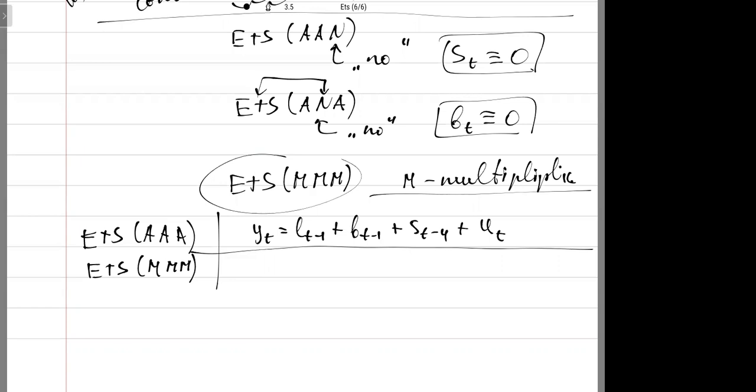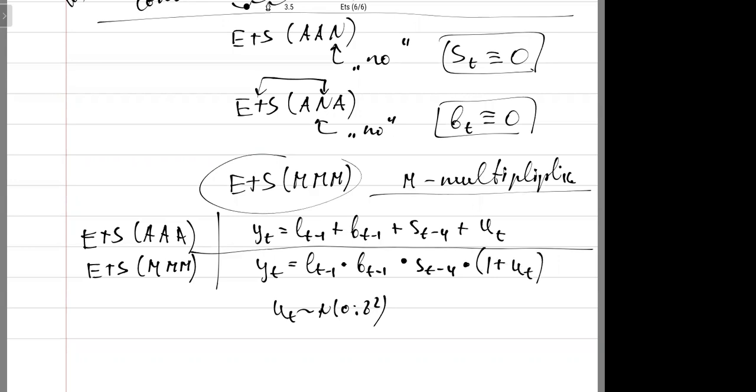But the idea is very simple. You can just write YT. You are completely right, except with epsilon. So it will be LT minus 1 plus BT minus 1 plus ST minus 4, multiplied by, and that is not UT, because UT will be normal with mean 0. That assumption will remain. So it will be multiplied by 1 plus UT.